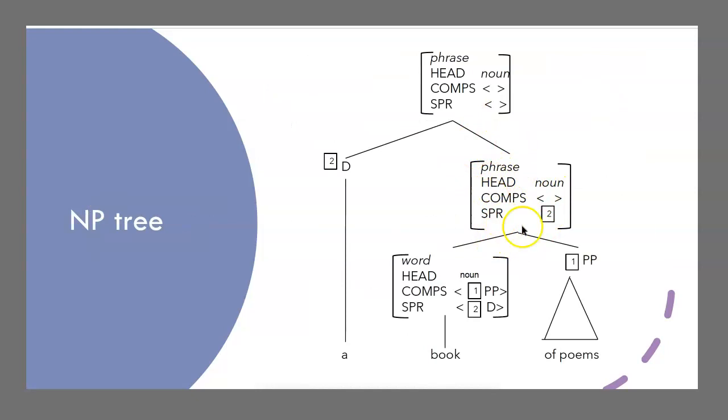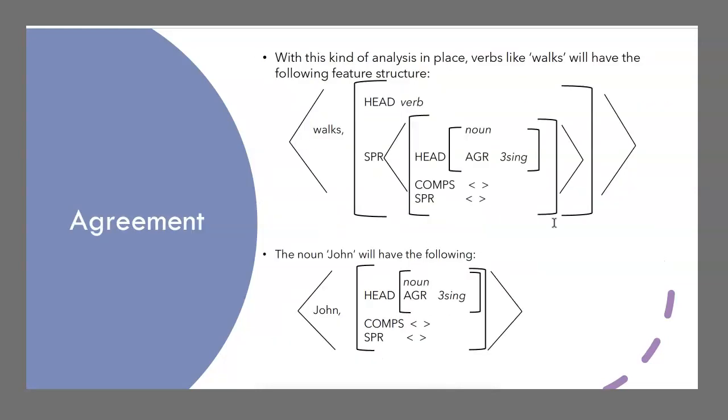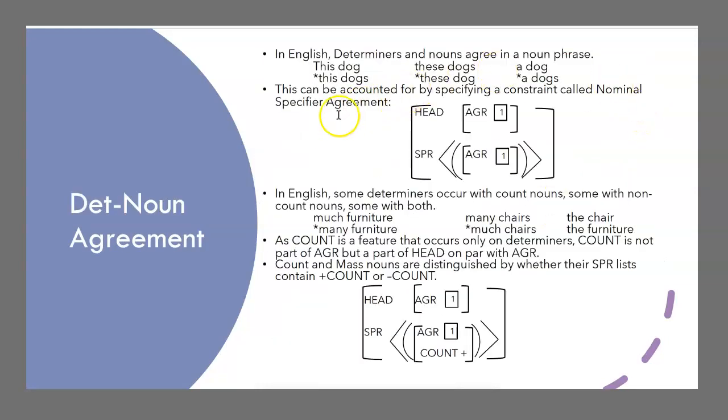Nominal is an unsaturated phrase which doesn't have its specifier empty. It has a non-empty specifier. That's a nominal. So, nominal and specifier: it's a specifier agreement. This is the constraint. What is the constraint?